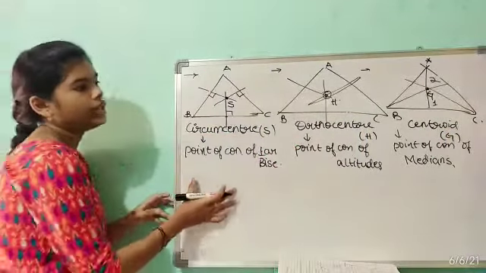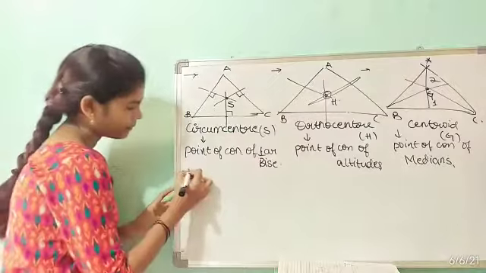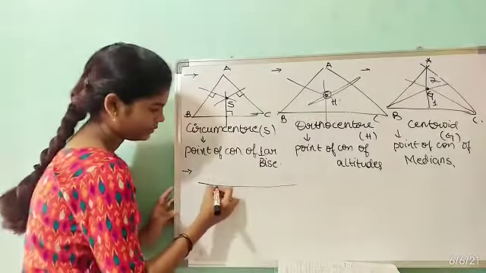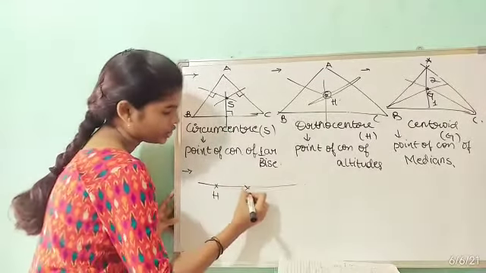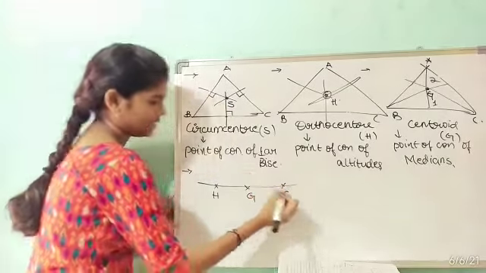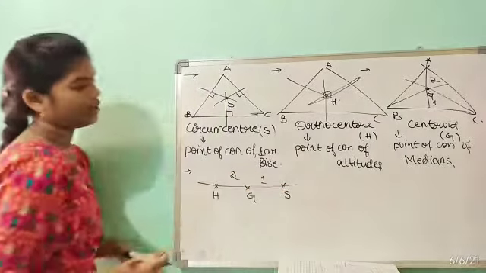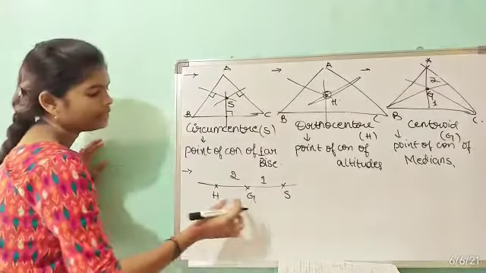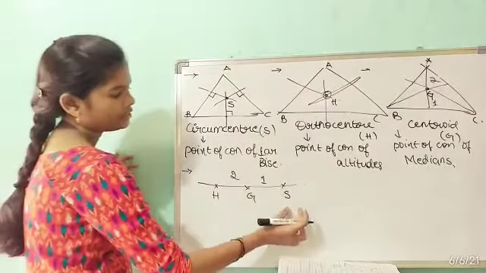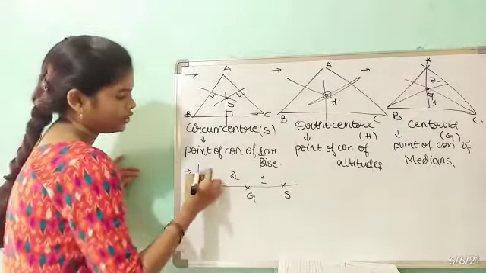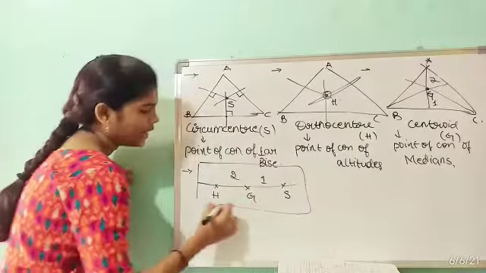Now the relation between these three: H, G and S. The centroid divides the orthocenter and the circumcenter in 2:1 ratio. This is a standard form.